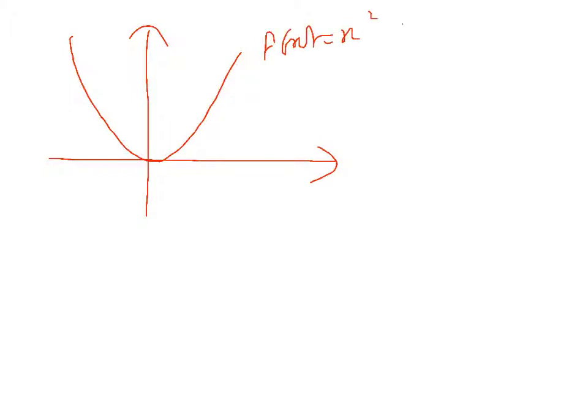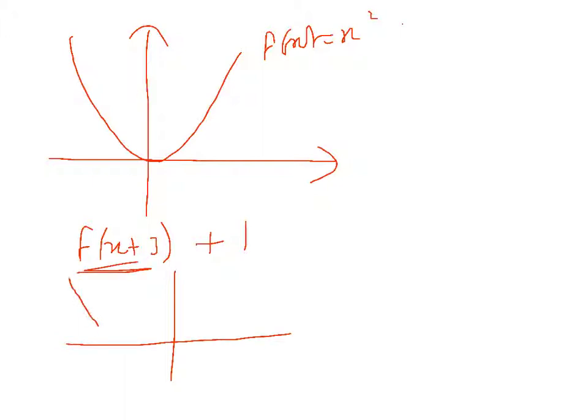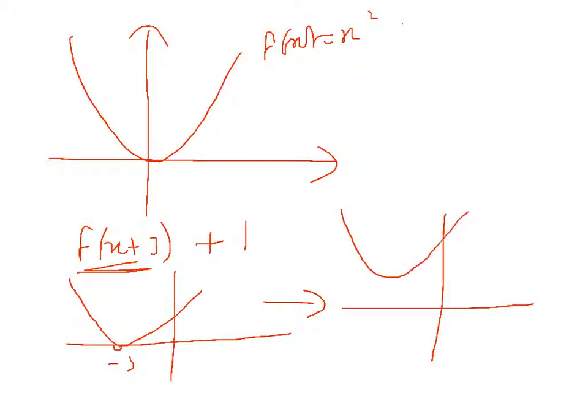With my transformations, f of x plus 3 plus 1, the graph first moves to the left by 3, so that's minus 3, and then the last stage moves up by 1, so actually this is at minus 3 and this is at y equals 1.